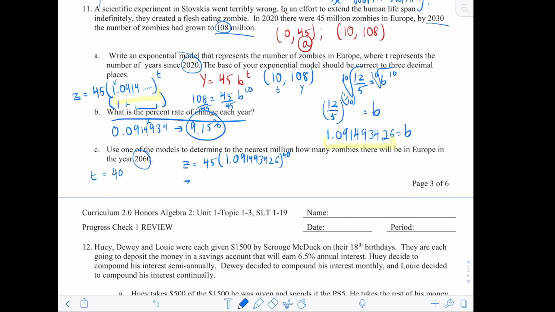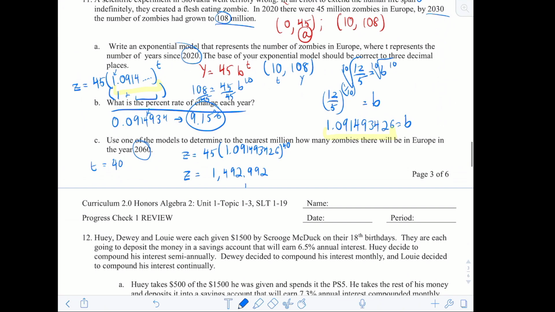And so I end up getting z is equal to 1,492.992. Now you have to remember that this is in terms of millions, so you could say millions, or you could write this as 1,492 million, and then 992,000 zombies.